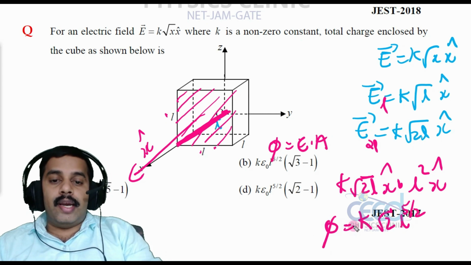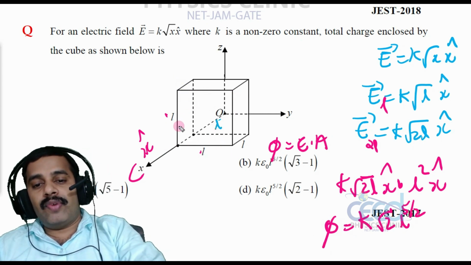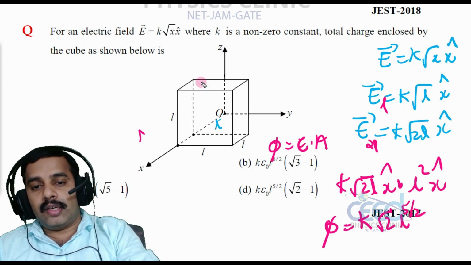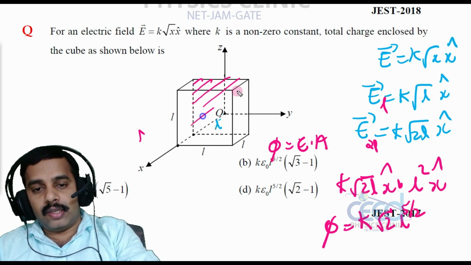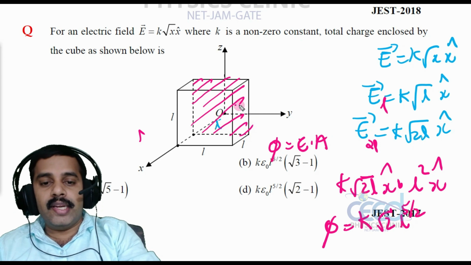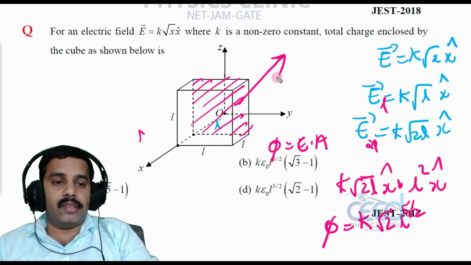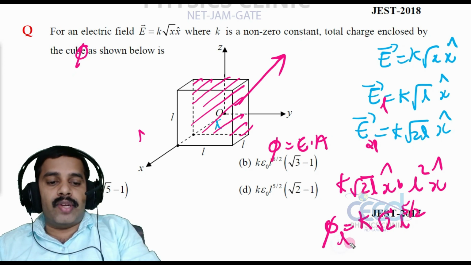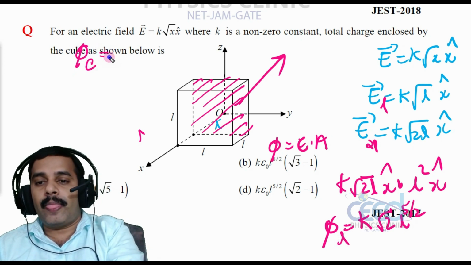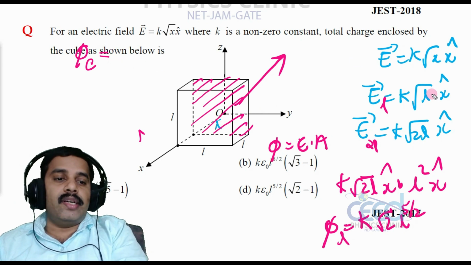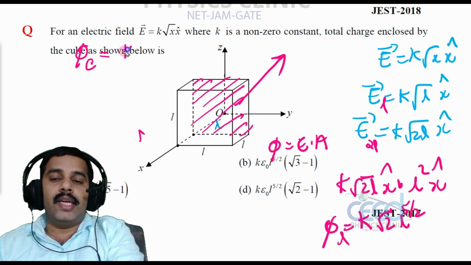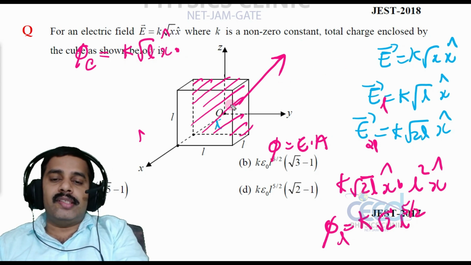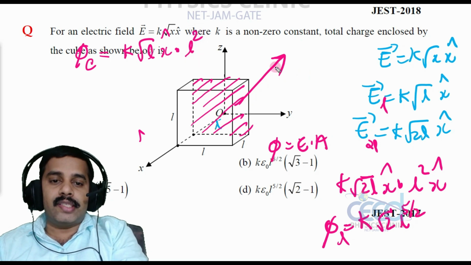Now the electric flux at this other face. Here the area is projected in the opposite direction. This is the flux leaving, and this is the flux entering. So flux entering is E dot A, that is k root L x cap dot A. The area on this face is again L square, but in the minus x cap direction.